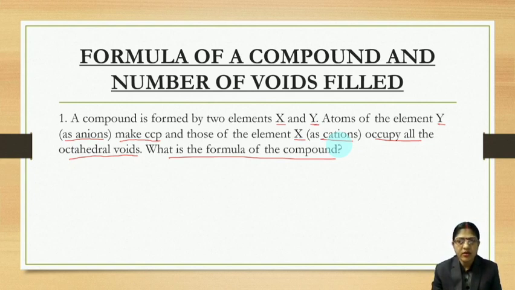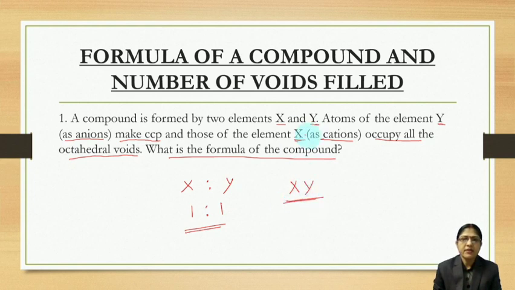Since all the octahedral voids are occupied by atom X, as given here, their number would also be equal to that of the element Y. So if we take the atoms of elements X and Y, their ratio will be 1:1, right? So the formula of this compound will be XY.